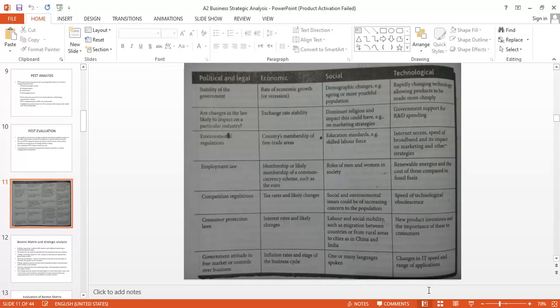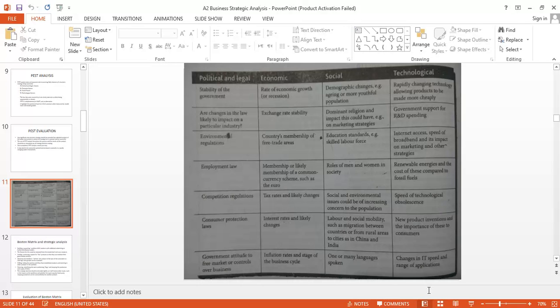What about the internet? Now this might come as a surprise, but there are certain areas where internet is still unavailable. So we need to scan the environment to find out whether these things are present or not present, and what is the speed of the obsolescence of technology.